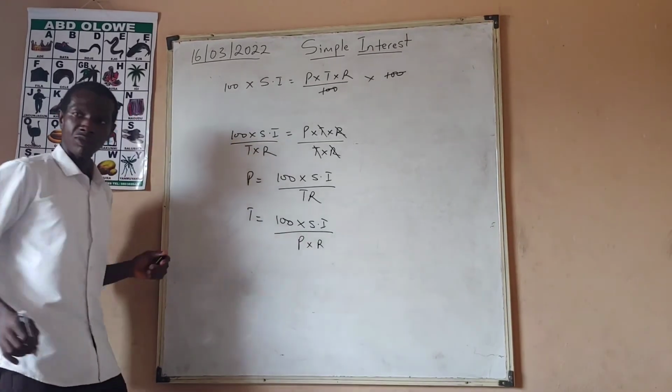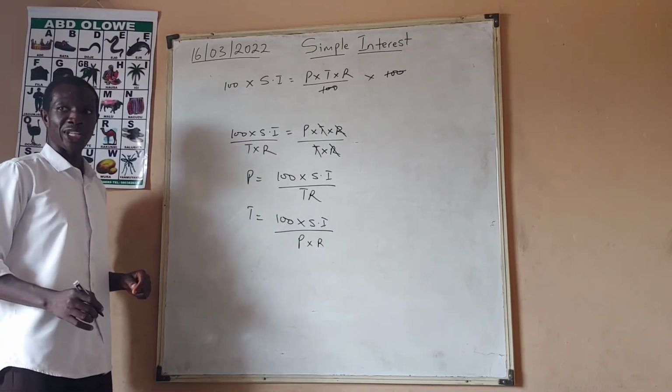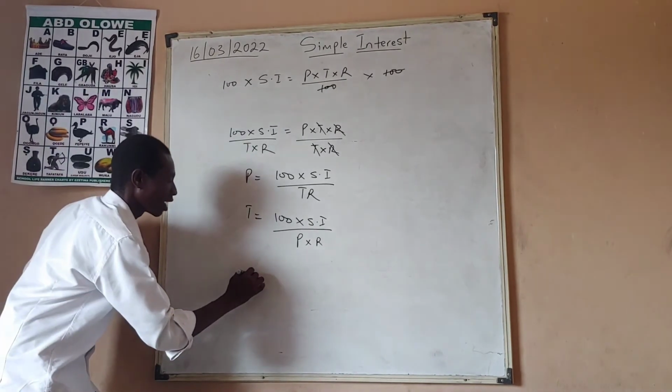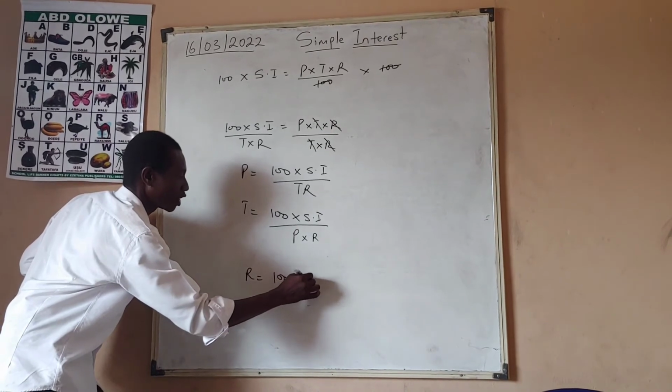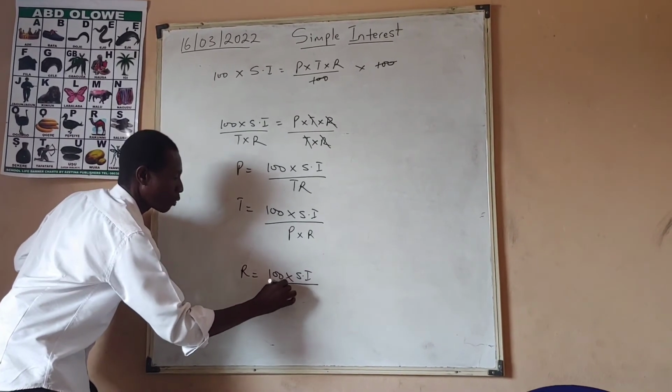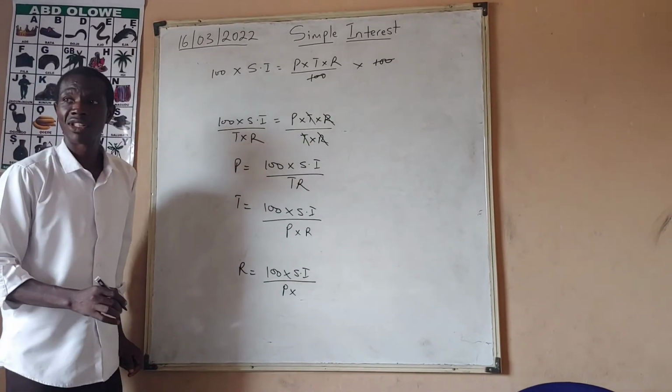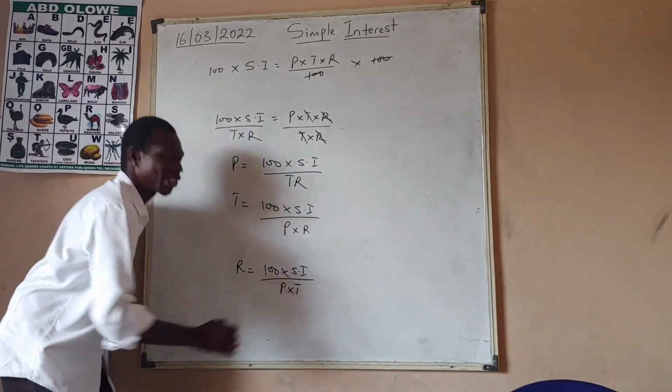Rate. Supposing it is rate you want to calculate, what are you going to have? Rate will be equal to 100 times simple interest over principal times time. Beautiful. Put your hands together for yourself.